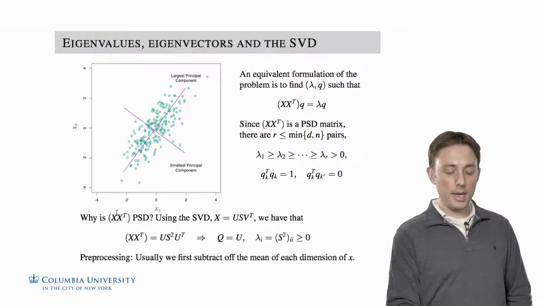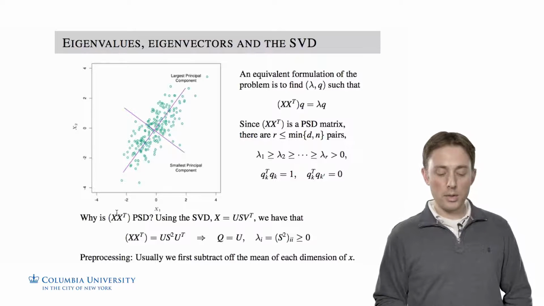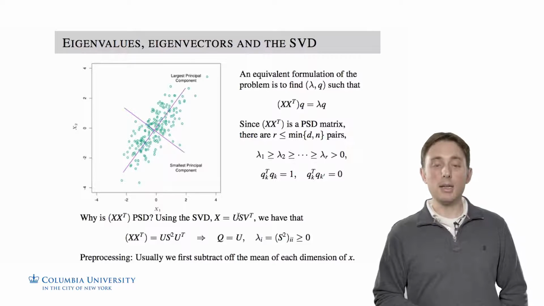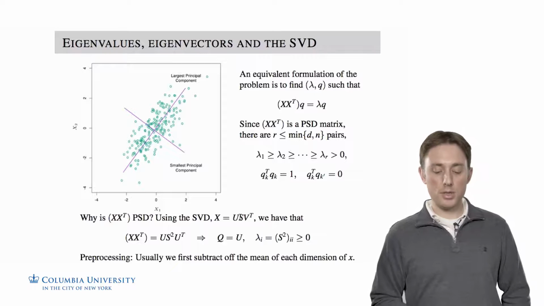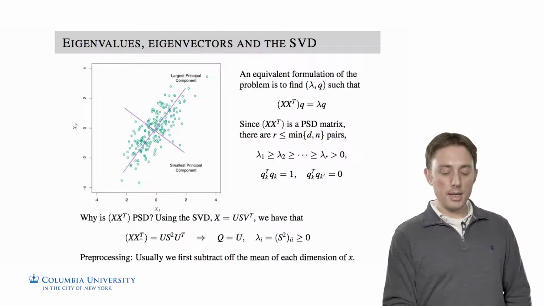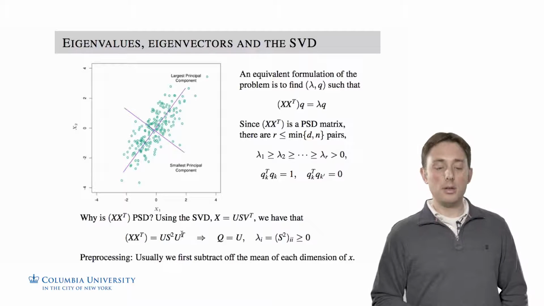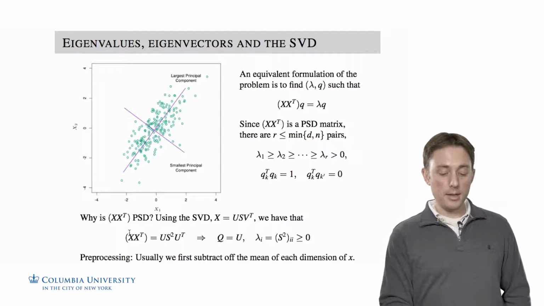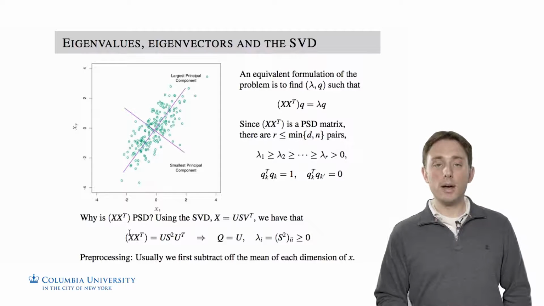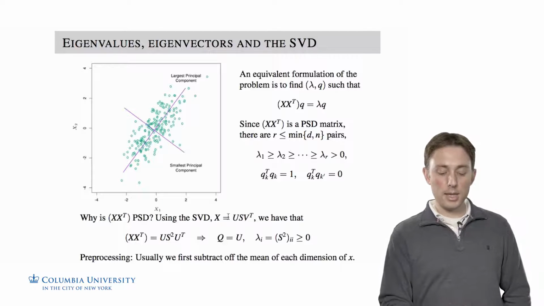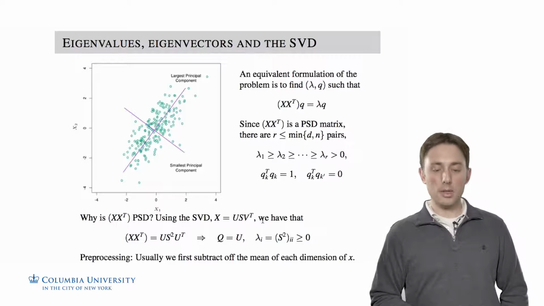Now if we take X times X transpose and write it in terms of its singular value decomposition, this matrix product is equal to U times S squared times U transpose. So in that sense, we can find the eigenvectors and the eigenvalues of this matrix product by just taking the SVD of the original matrix.